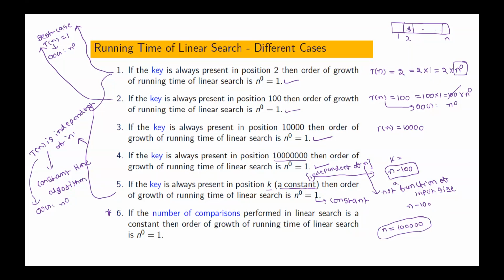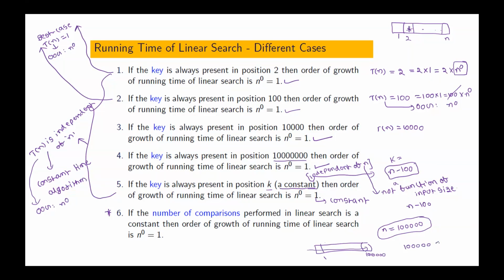It is constant because whatever analysis we do, n is a variable. The moment we say n is a constant, always 1 lakh elements, the amount of work we do is a maximum of 1 lakh comparisons. That 1 lakh can be written as 1 lakh into n to the power 0.